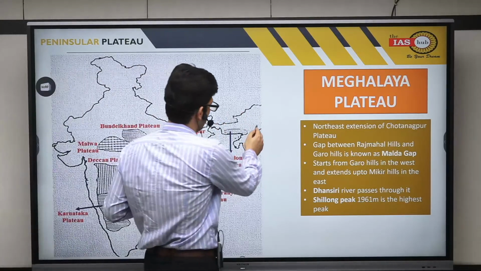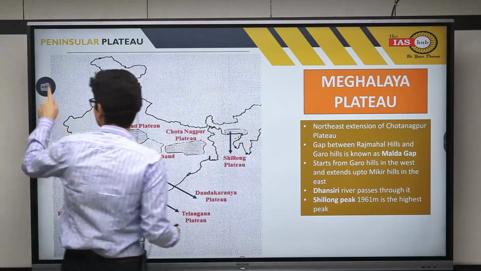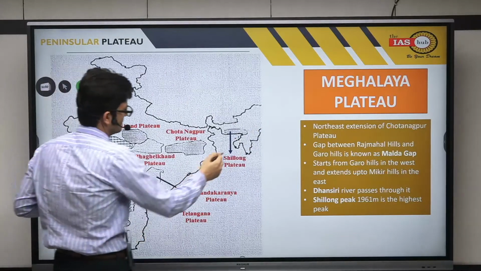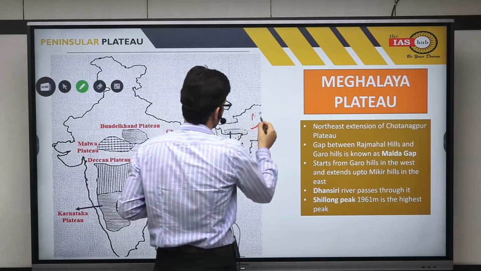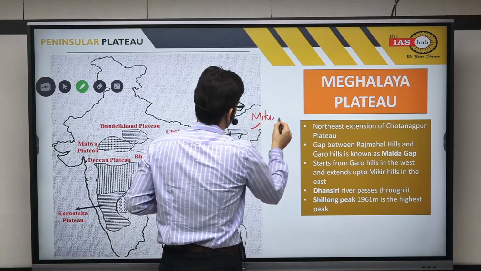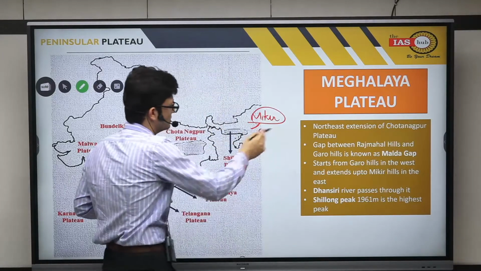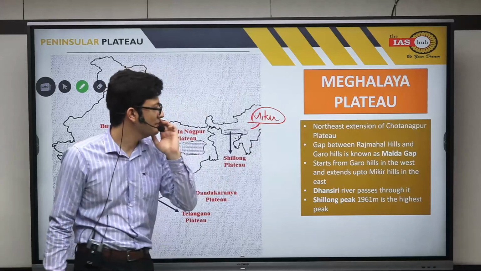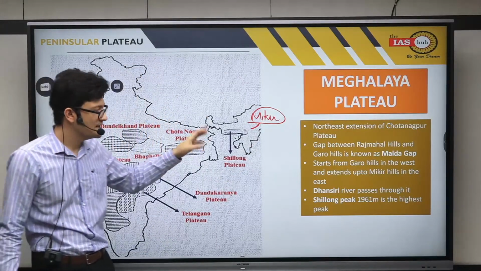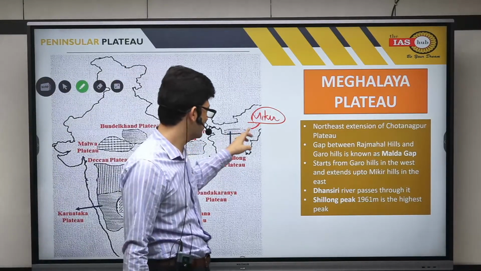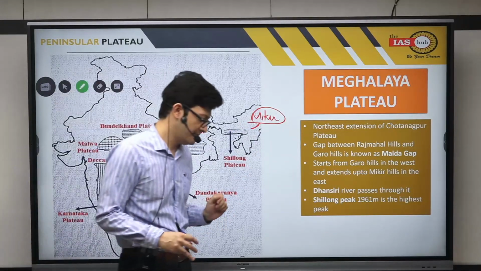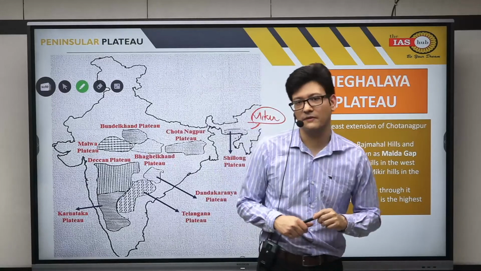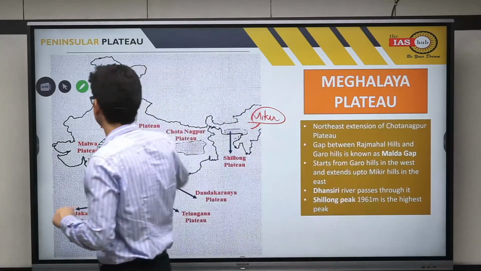Mikir Hills are particularly found in the southern Assam region. So from Garo Hills to the Mikir Hills, this is the extension of Meghalaya Plateau. Now Dhansiri is the major river which passes through this plateau, and the Shillong peak is the highest peak which you'll find in Meghalaya Plateau region.